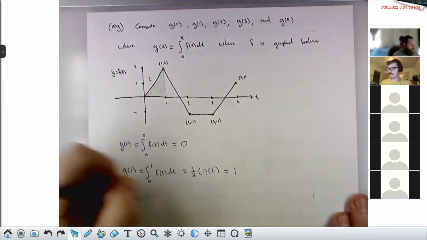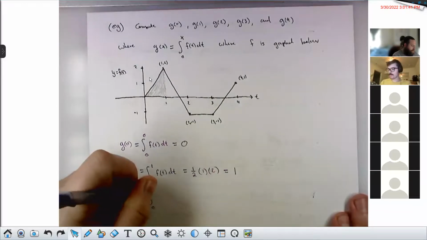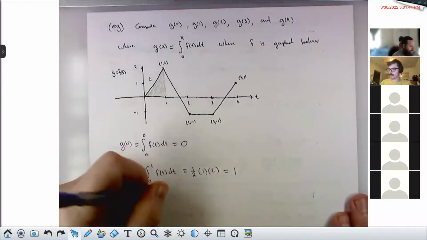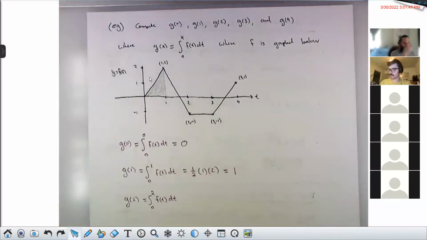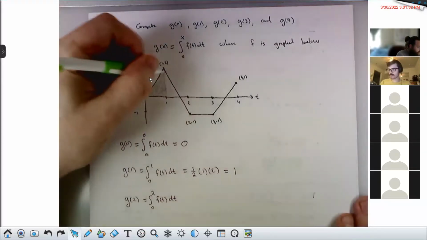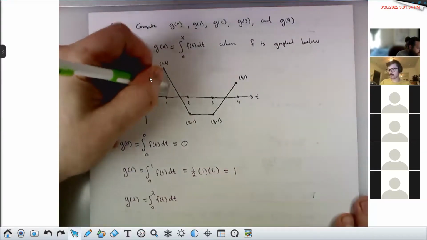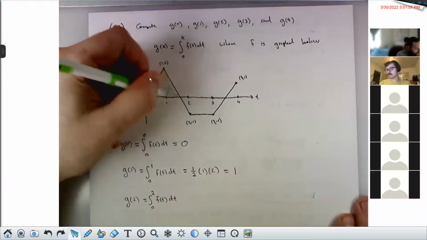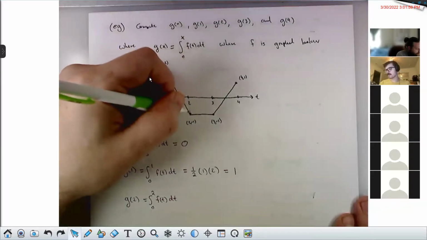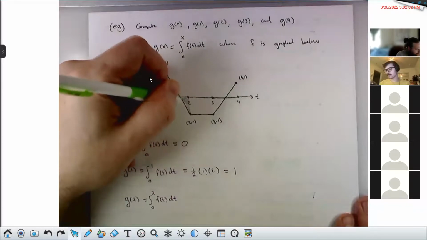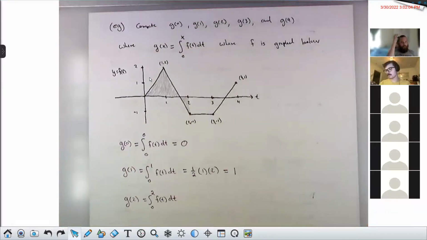G of 2 is the integral from 0 to 2 of f of t dt. Which means now I'm looking for all of the shaded area from here to here. So I need the area of the full triangle up here, and that will be measured as positive because it's above the horizontal axis, minus the area down here.